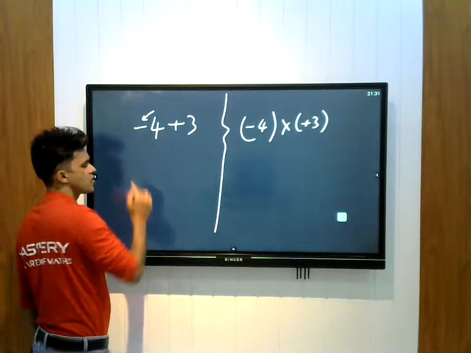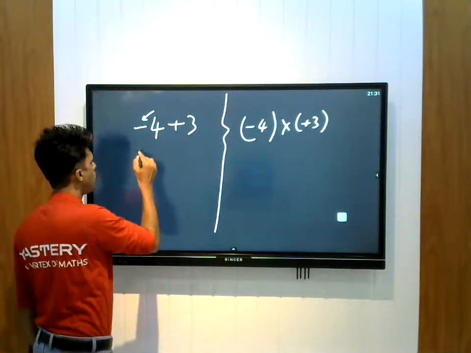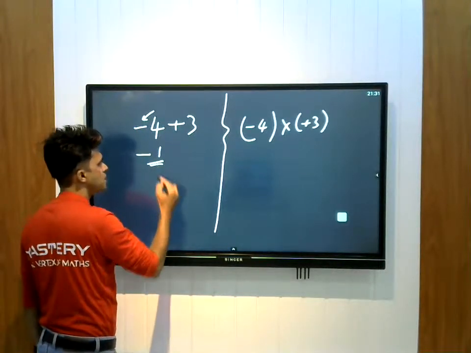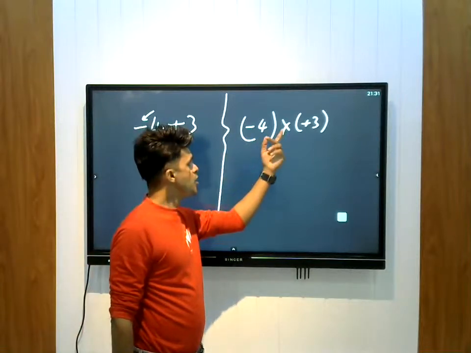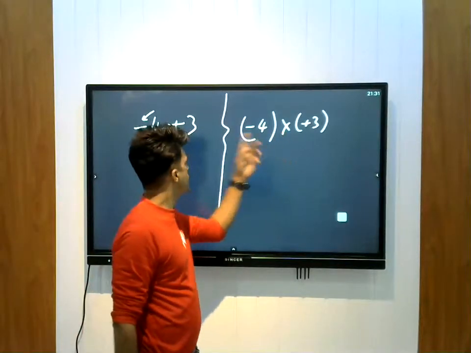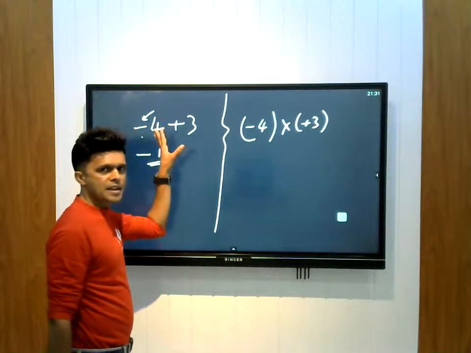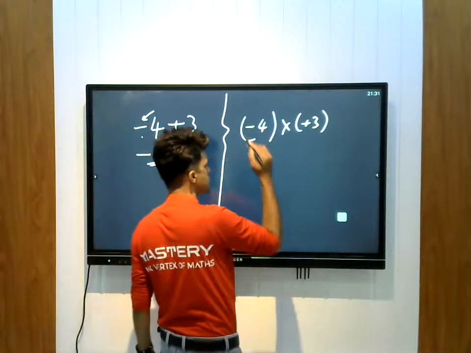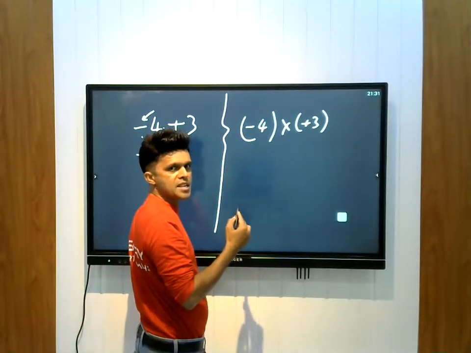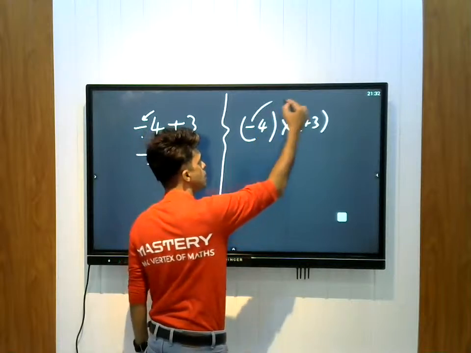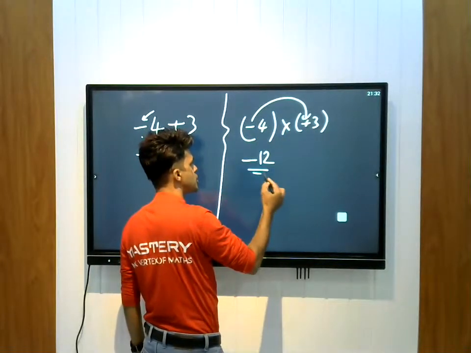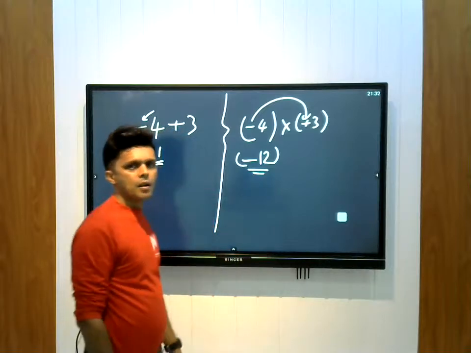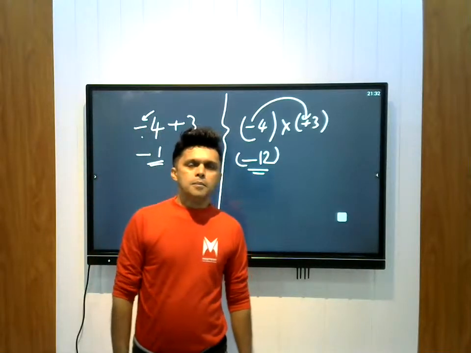The sign of the greater digit is minus. 4 minus 3 is 1. Then here minus 1, but here you have been given to multiply. Here you are unable to add, right? So just a few minutes ago you learned this type of one. Minus into plus is minus, 4 times 3 is 12. Okay.